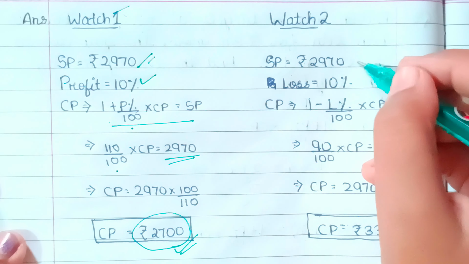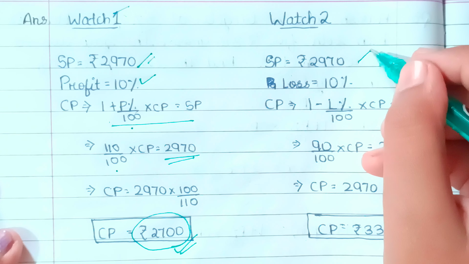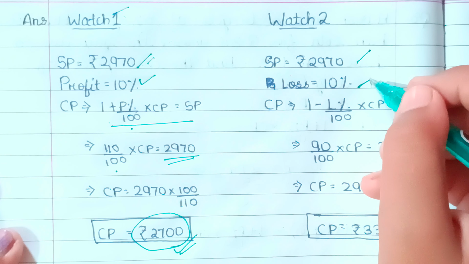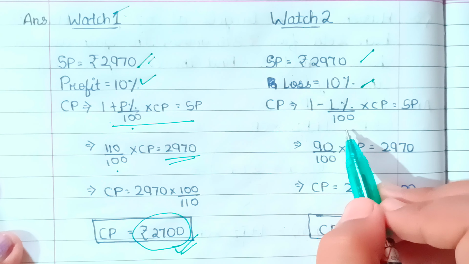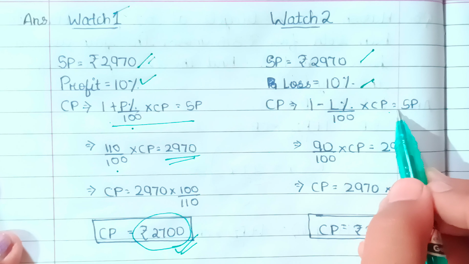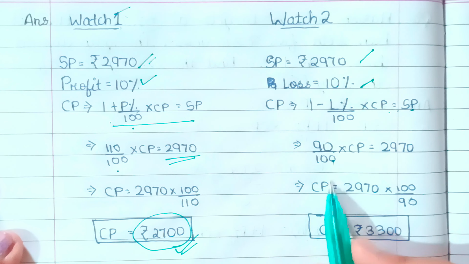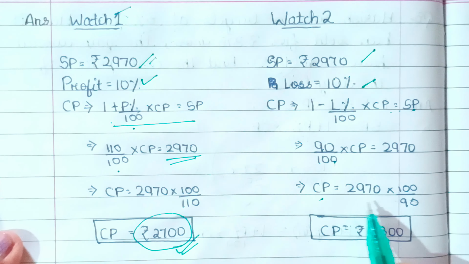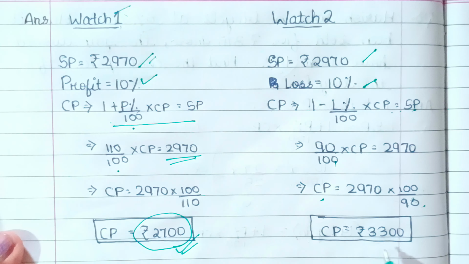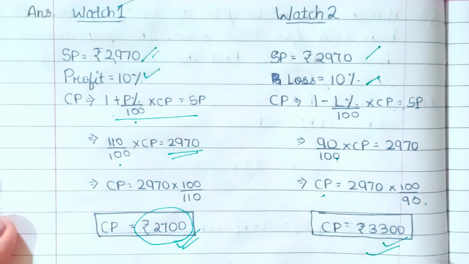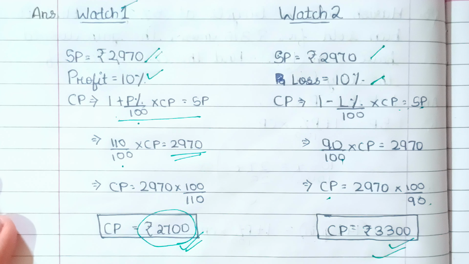The SP is given same for both of them, that is rupees 2970, and there is a loss of 10%. So 1 minus loss percent by 100 into CP is equal to SP. 90 by 100 into CP is equal to 2970, and the CP here comes as 2970 into 100 by 90, that is rupees 3,300. So here we can get the CP of both the watches.